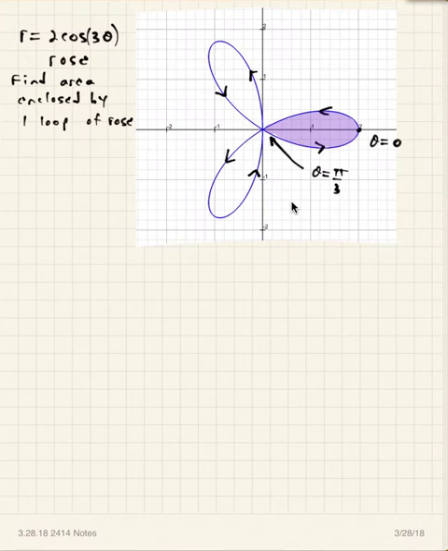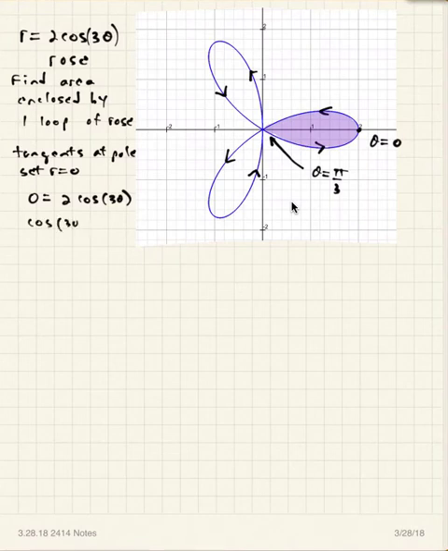All right, and so if you recall, you find tangents at the pole by setting r equal to 0. We talked about that in the last lecture. So if you set r equal to 0 on my polar curve, you get cosine of 3 theta equals 0. And cosine is 0 when the angle is pi over 2, and then 3 pi over 2, and so on.